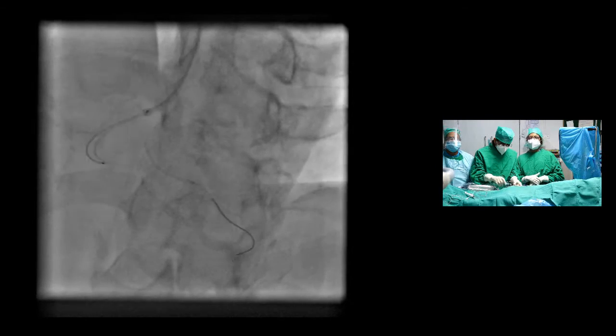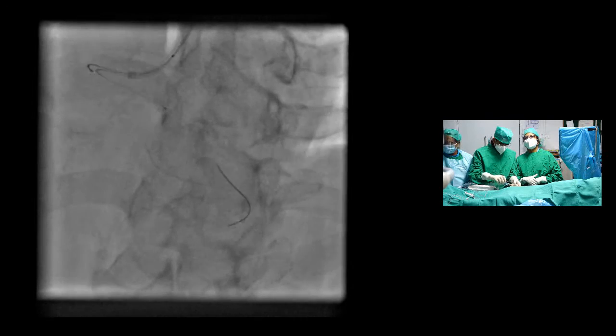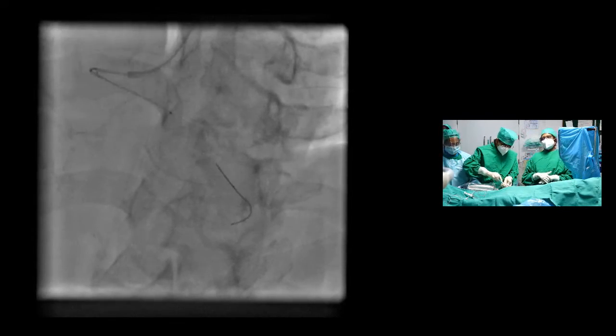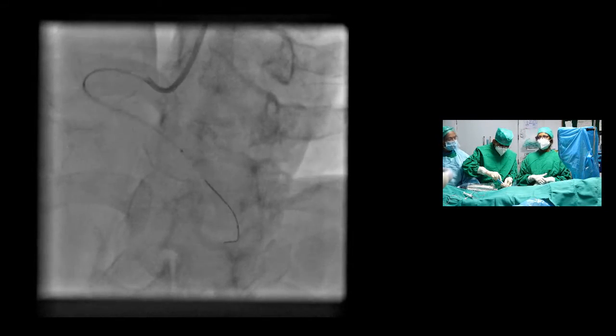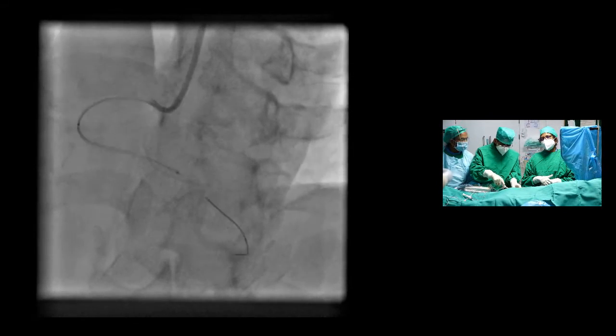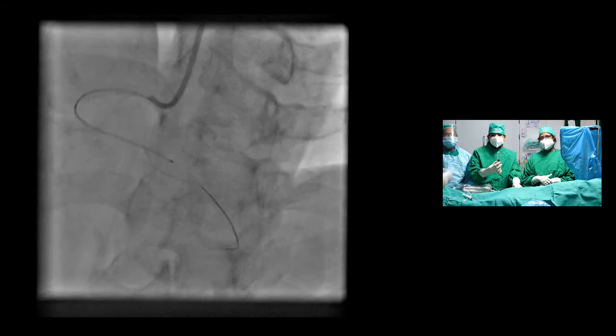I had significant difficulty in passing the OCT into the distal lesion in view of the guide catheter backing out, which will impede opacification and we will not be able to get clear images. So I had to rotate my guide clockwise so that I could push the OCT catheter inside.